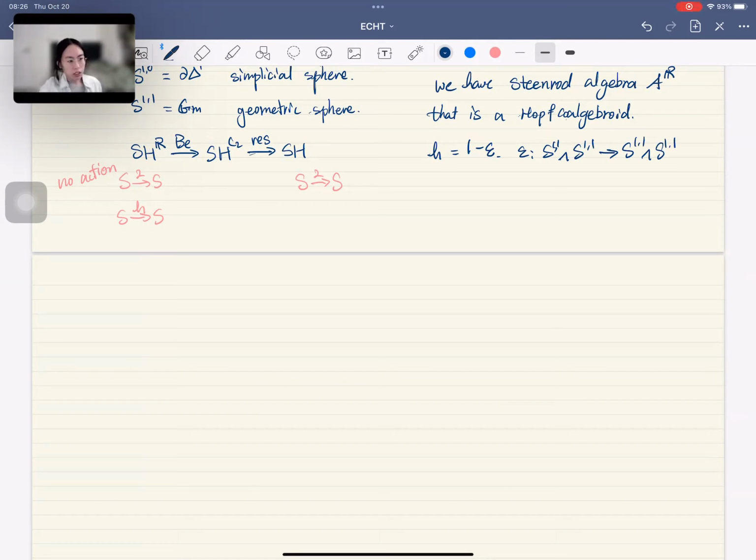Why this H is important is because it is the R-motivic Hopf map, and by that I don't mean it to be connected with eta. I mean the degree 0 map of the Hopf invariant one problem in classical.